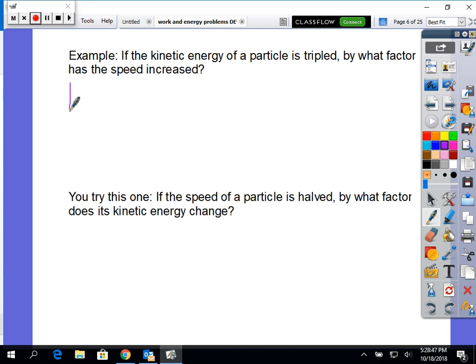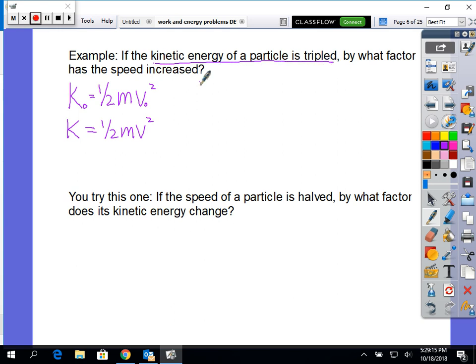The initial kinetic energy, K naught, is 1/2 m v naught squared. The final kinetic energy, K, is 1/2 m v squared, where v is the final velocity. And it tells us that the kinetic energy is tripled.